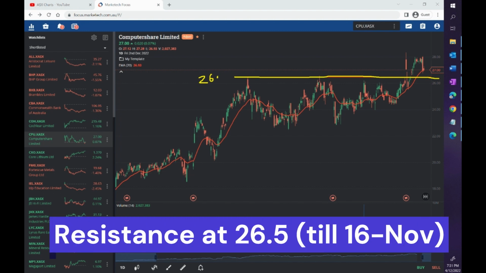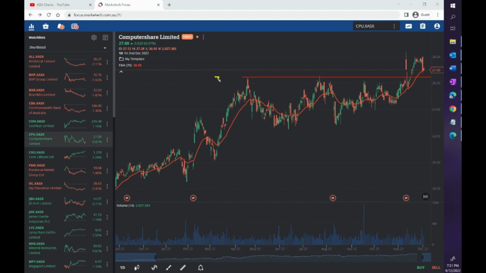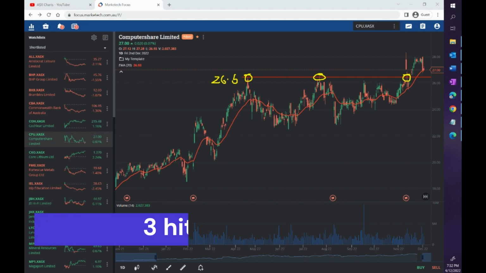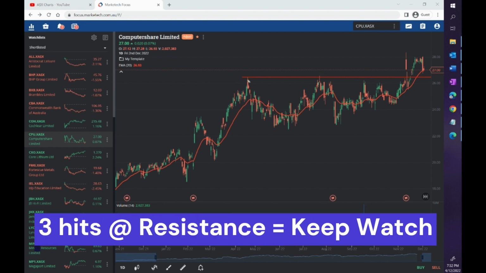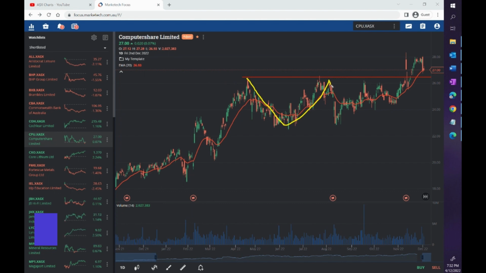It has hit it once, twice, thrice. As I mentioned in my earlier videos as well, when it hits the resistance line thrice, I can see a clear W forming in here, and this then becomes my point of observation.